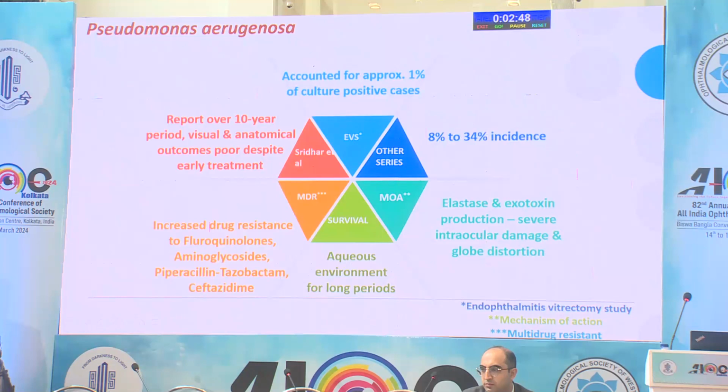It accounts for approximately 1% of the culture positive cases, and the incidence is around 8 to 34% in cluster endophthalmitis. Due to its elastase and exotoxin production, they cause severe intraocular damage and globe distortion. They are also very difficult to treat because they sometimes have multi-drug resistance, even to fluoroquinolones, aminoglycosides, piperacillin-tazobactam, ceftazidime. In a report over a 10-year period, visual and anatomical outcomes were poor despite early treatment.